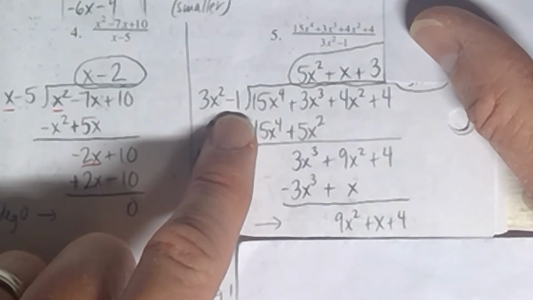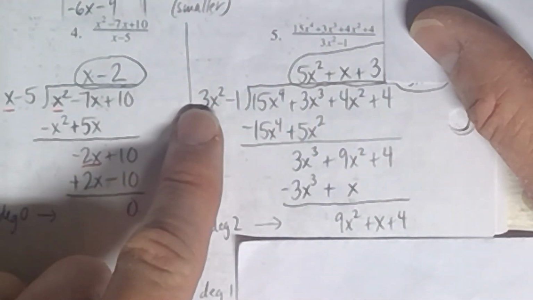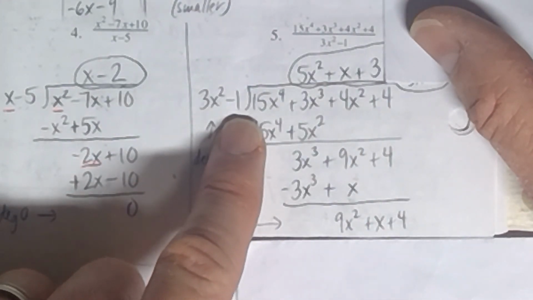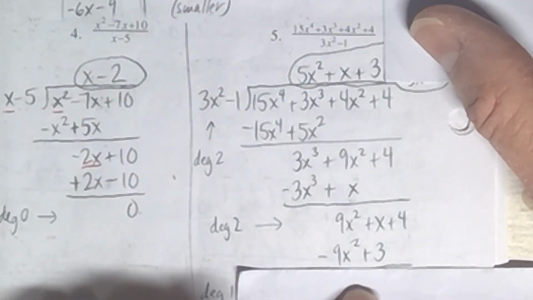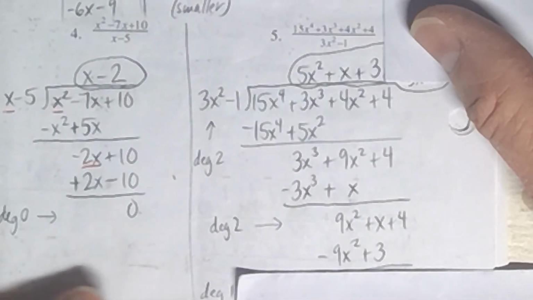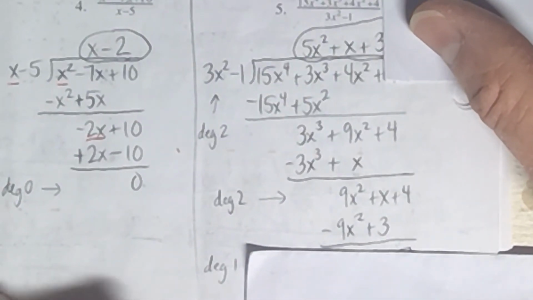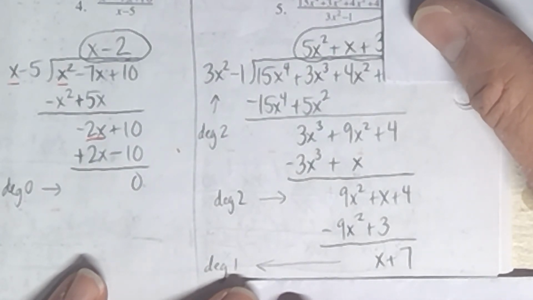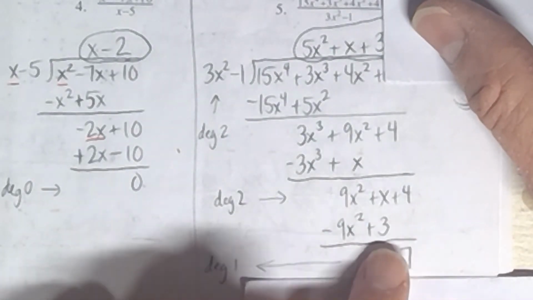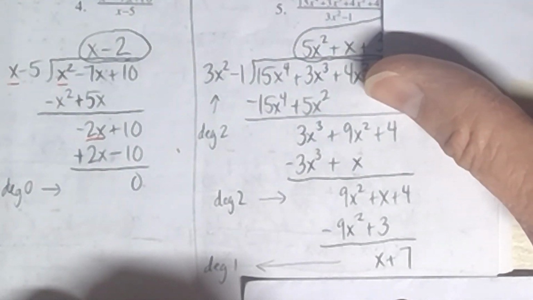Distribute that through. We get positive 9x squared, negative 3, but that's got to change to negative 9x squared plus 3, as we always do with the second line. Combine like terms, the 9x squareds cancel. The x doesn't combine with anything, but the 4 and the 3 do combine, and we get x plus 7.